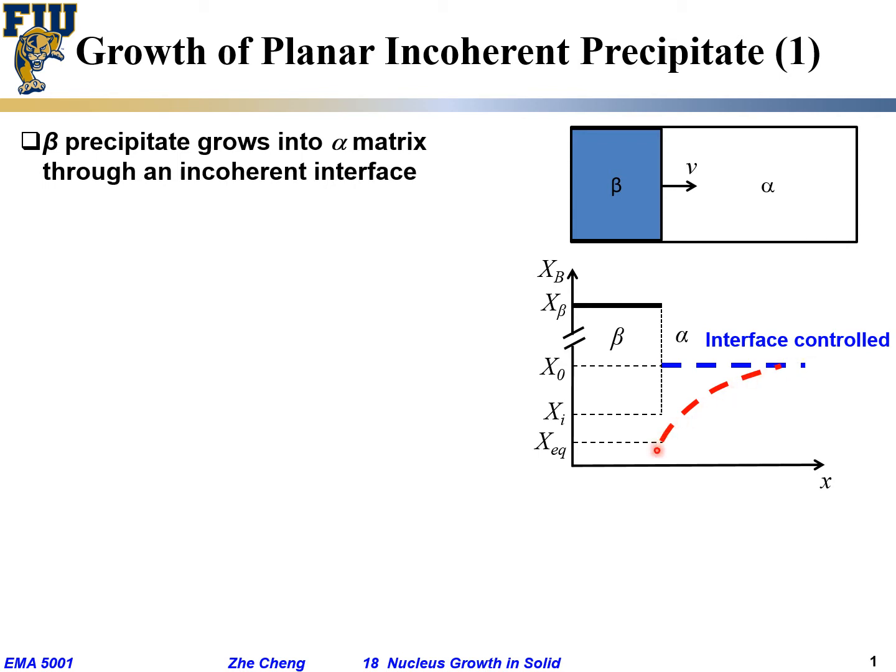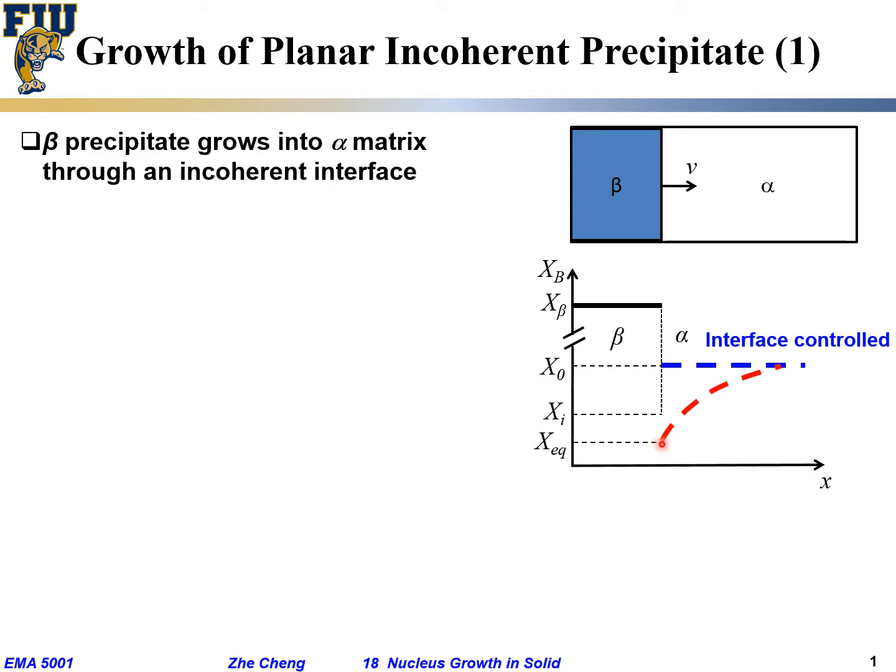But right at the interface between the beta and the alpha, right at the interface, the alpha concentration is approaching the equilibrium concentration as determined by the equilibrium phase boundary, the intercept between the isothermal temperature line and the phase boundary line.